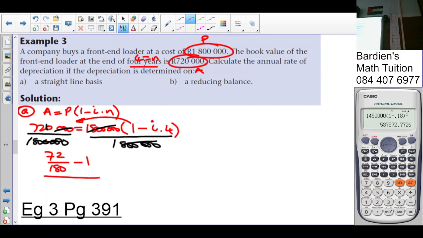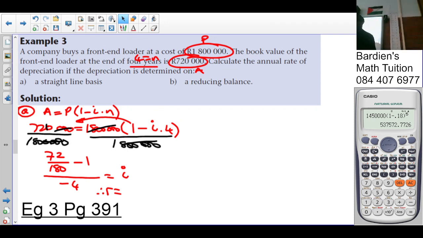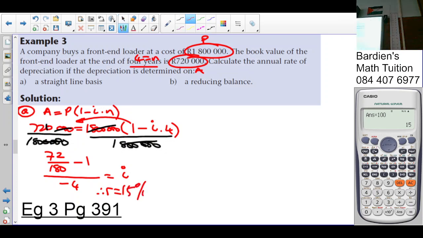So I divide both sides by negative 4 to get i. Therefore your rate is equal to, I take the i value times 100. So I will get 72 over 180 minus 1, over negative 4. So 0.15, which in percentage, times 100, gives you 15%. Is that correct?